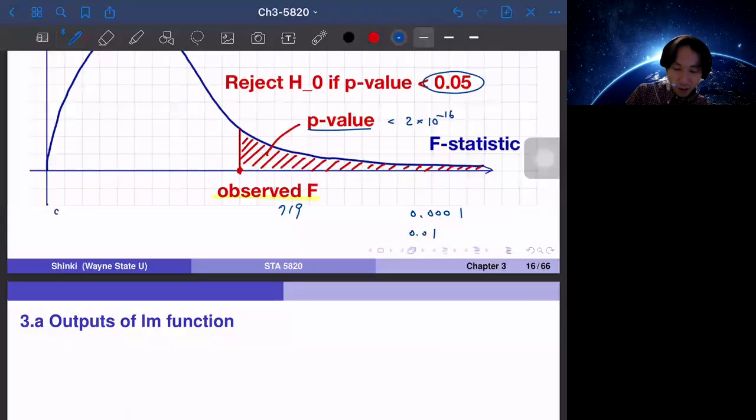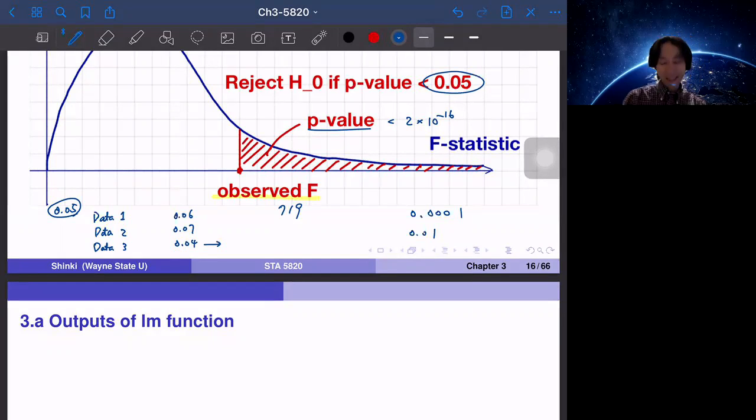The p-value is traditionally set at 0.05, and what people do is they prepare data set 1, then calculate the p-value. The p-value is 0.06. Okay, so unfortunately we cannot do that. Then they collect another data set, data 2. The p-value is 0.07, so still it's not significant. And data set 3, p-value 0.04. Oh, okay, so then we publish the result. That happened many times in science, probably in biological science.